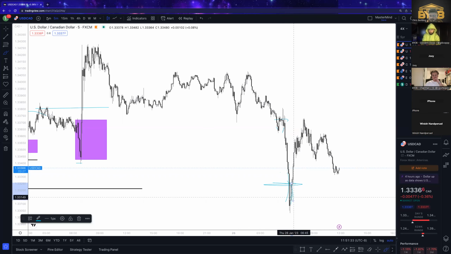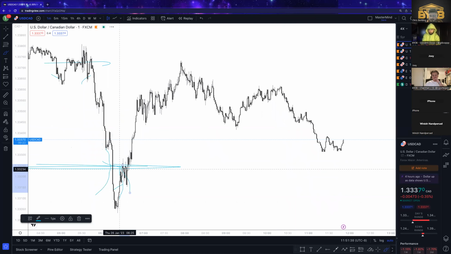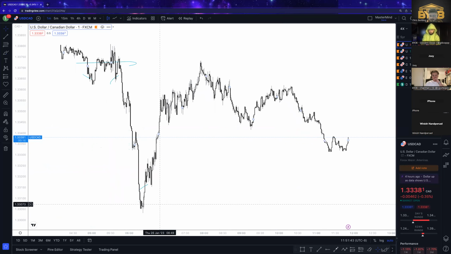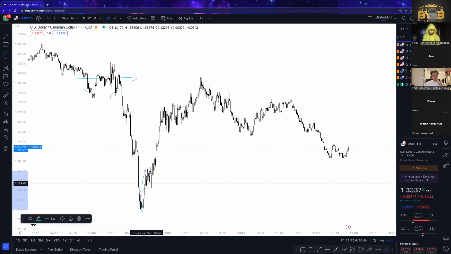So we are at that same area. On that 1 minute, we did get accumulation, lower low, lower high. This wick came below, lower low, and then close above, right? Price didn't come all the way down to this imbalance.